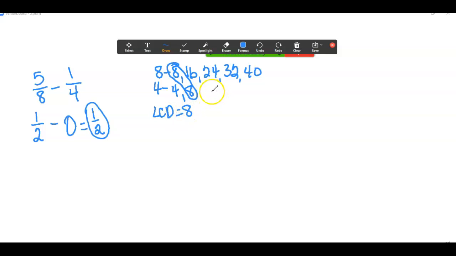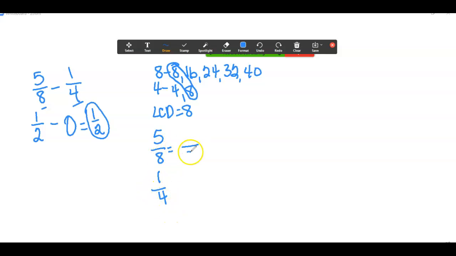Okay, and so some of you knew that right away because you were looking at the 8 and the 4 and you knew that 4 goes into 8. And remember, if one of those denominators goes into another, then I can make it that number. So 4 goes into 8, so that means 8 is the common denominator. Okay, but I can always write out my list of multiples or check my chart to double check that. Now that I know my LCD, I'm going to change to equivalent fractions.